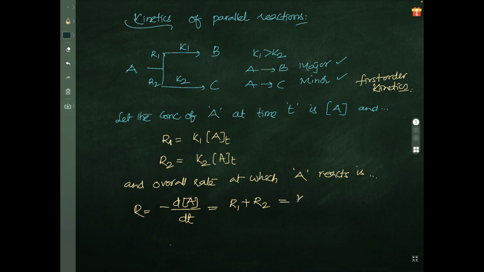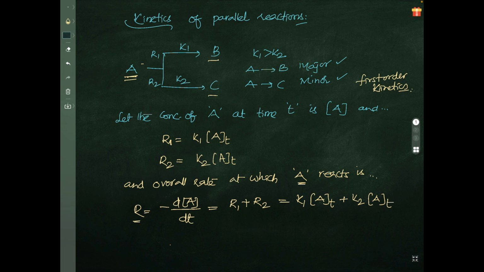R1 is K1 into the concentration of A at T time plus K2 into the concentration of A at T time. Correct? Because only A is undergoing both the changes. For B as well as C, only A is undergoing the change. So the overall rate with which A is reacting is R equals minus dA by dt.